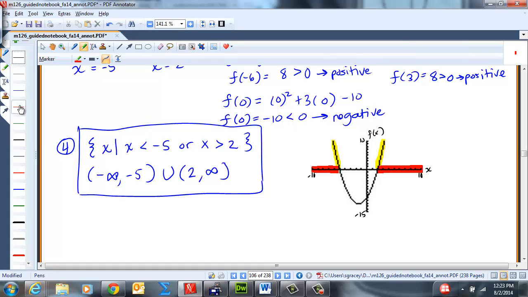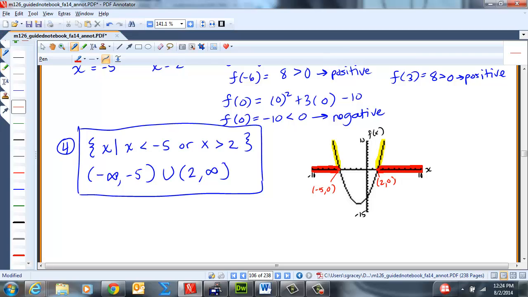Right here, we had found that this 0 was the -5, right? So this was -5, 0. This here was the ordered pair 2, 0. So those are ordered pairs.